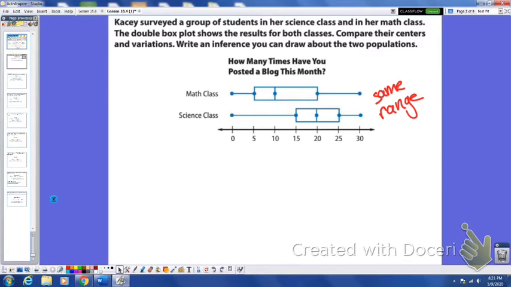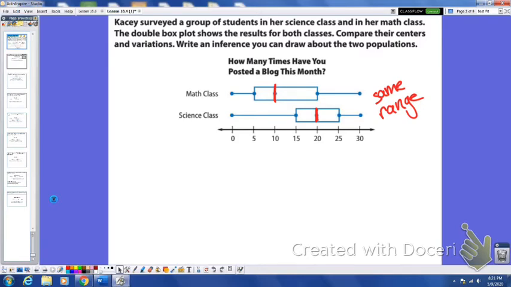If we take a look at our medians, I see my science class median is all the way up at 20, where my math class median is only at 10. So for science class, over half the class is blogging more than 20 times a month, where our math class, half of it is 10 a month, or 10 or more a month, sorry about that.